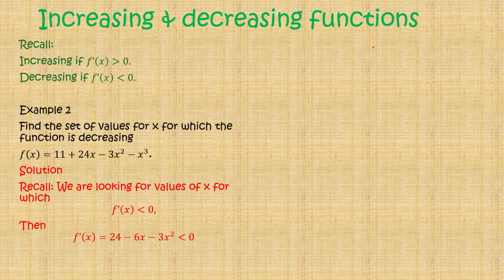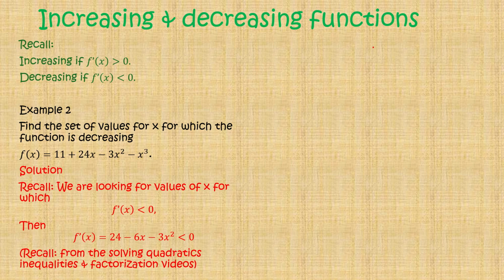And recalling from the solving quadratic inequalities and the factorization method videos, I encourage you to check these videos. They carry a lot of insight. We know that f prime of x is less than 0, and of course we can divide throughout by 3 so that we get 8 minus 2x minus x squared is less than 0, and multiplying by a negative so that the less than sign changes to greater than sign.